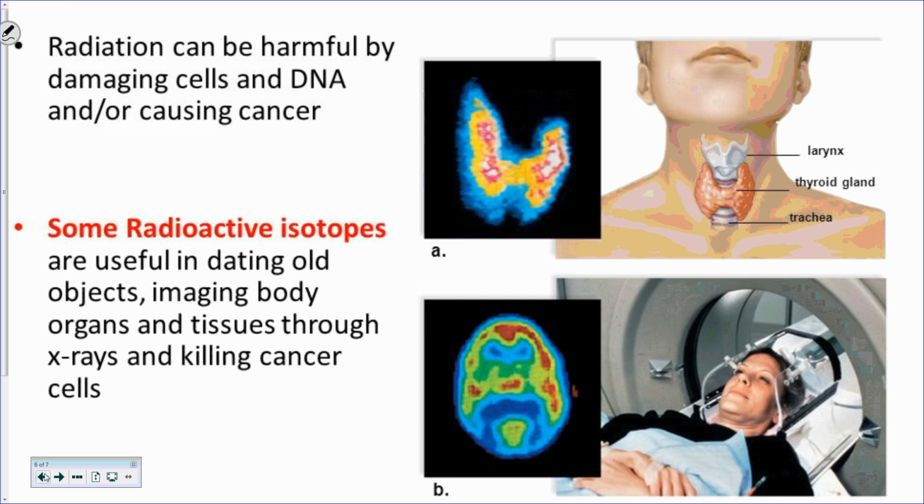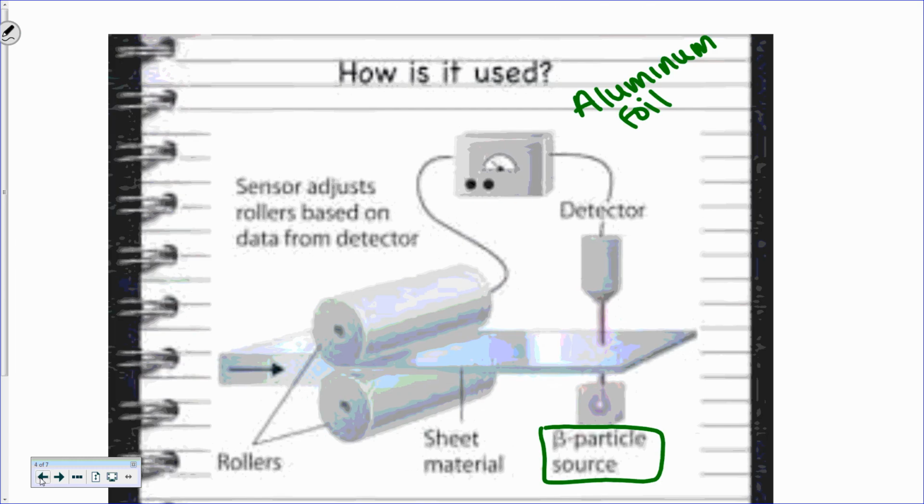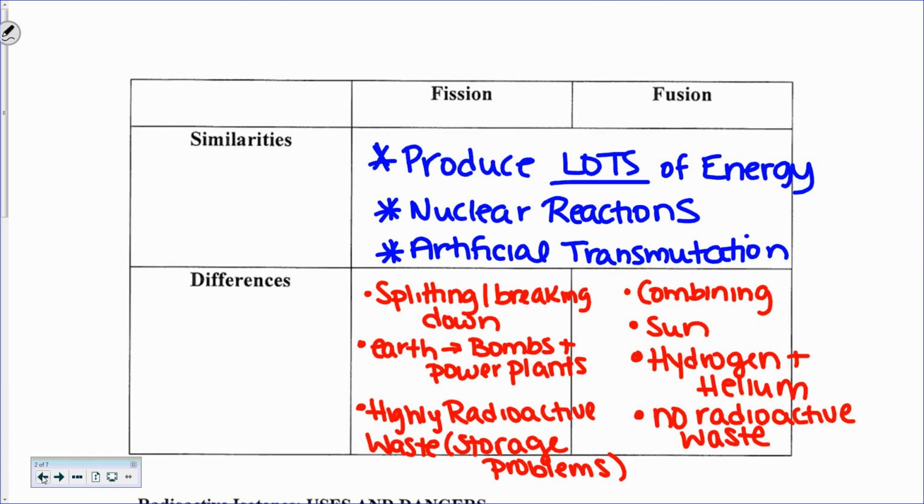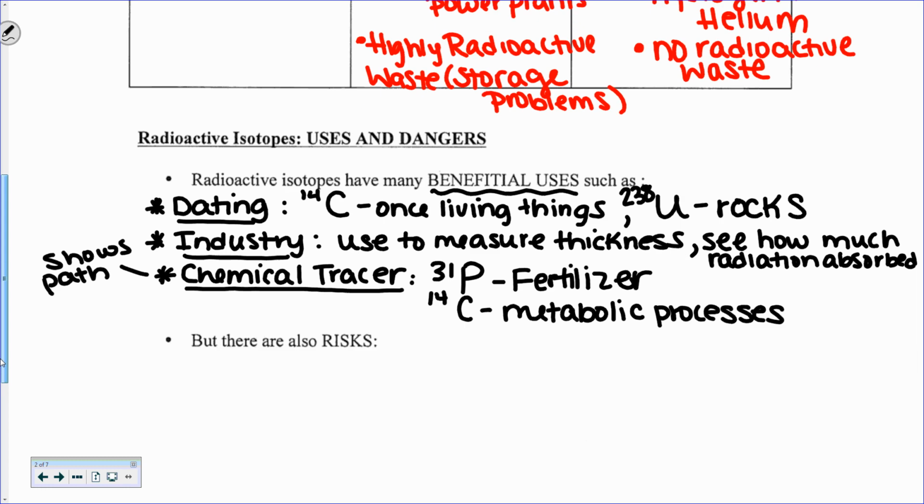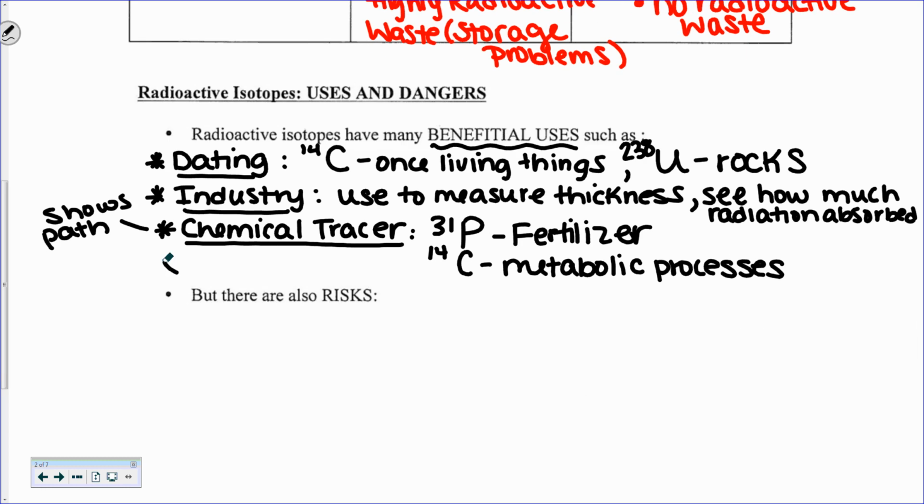So let's write down the interesting ones that we have. Right here, our last one is medicinal uses. And actually, there's a few that we really need to know. Our first one, I showed you a picture of the thyroid.